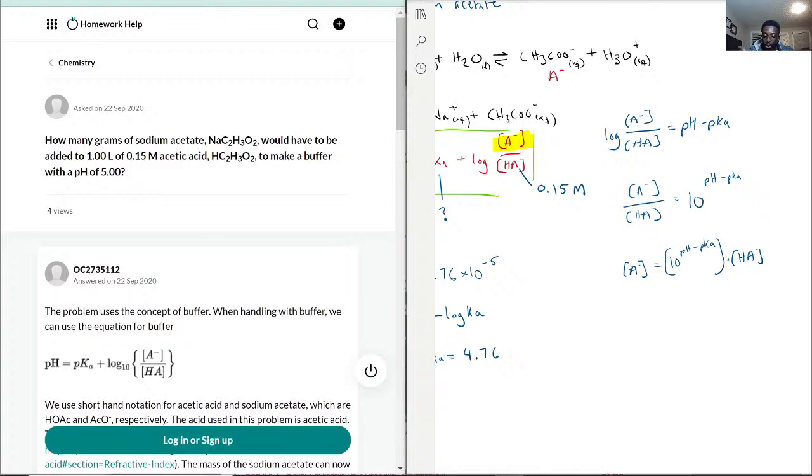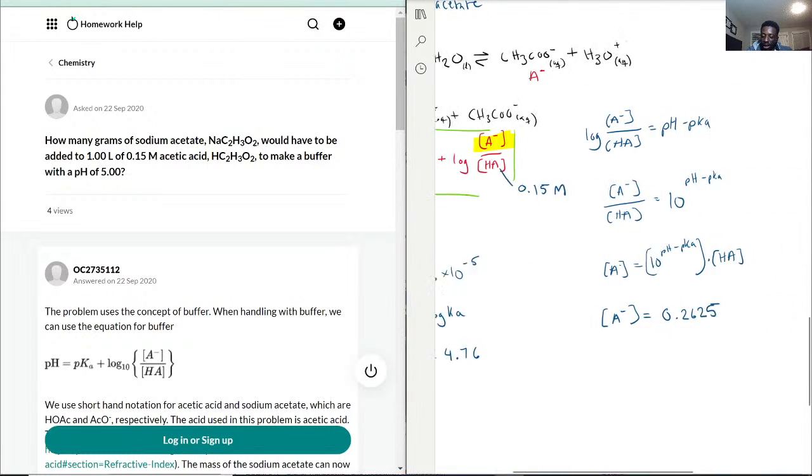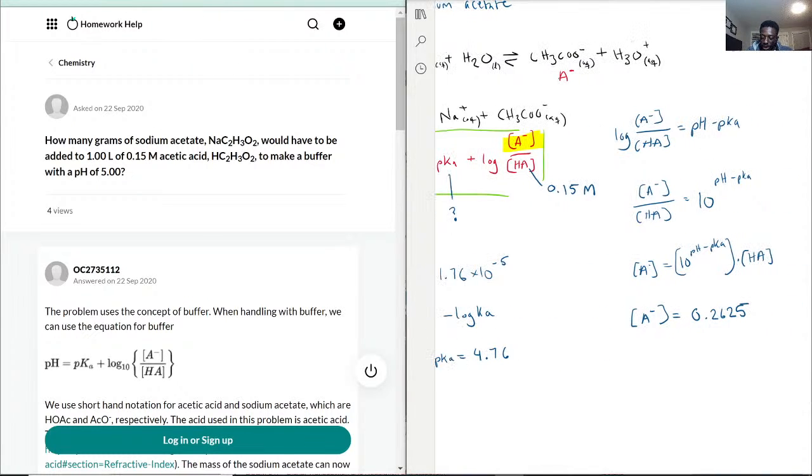And then we multiply that by the HA, which it said was 0.15. So the concentration of A minus is 0.2625. That is the concentration we get after reorganizing and making sure that we have our units.